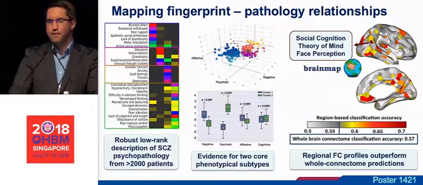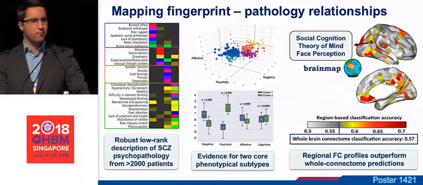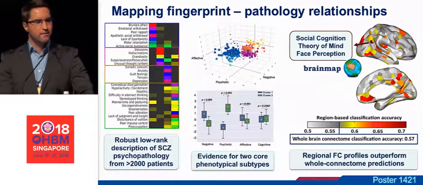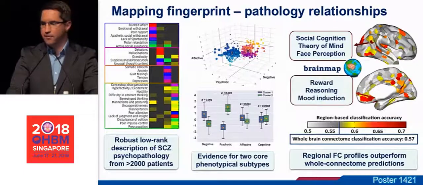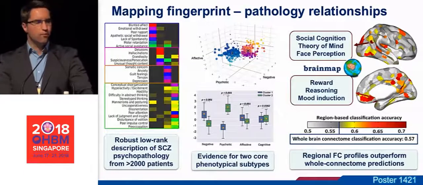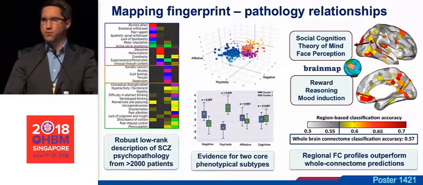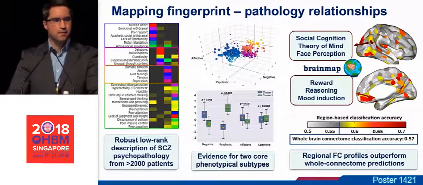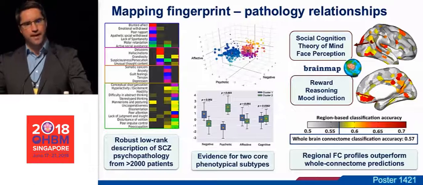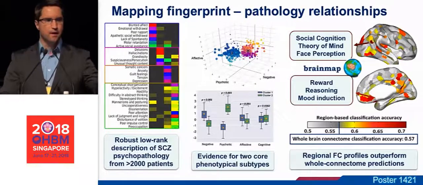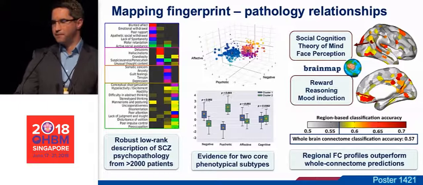And if we then look again at what the top predicting regions are doing, it's actually very interesting. This one here, the temporal-parietal junction, is involved in social cognition, theory of mind and face perception. This one here, the subgenual ACC, is involved in reward, reasoning, and mood induction. So it can also map quite well onto the negative affective versus the more positive psychotic subtype.